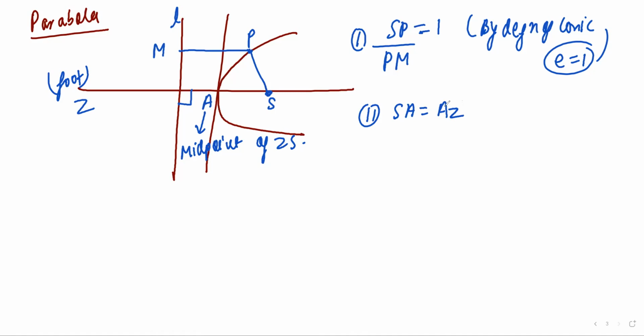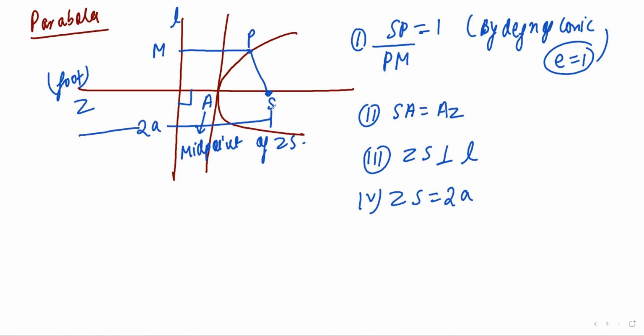So right here, the third point is that ZS is perpendicular to L. L means line. Hence A lies on the parabola. So I will write the coordinates for it. The fourth point is ZS, which is nothing but 2A. So the total distance is taken as 2A from here to here.